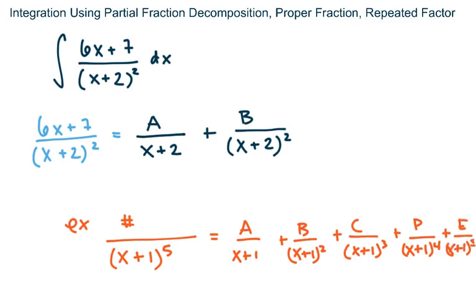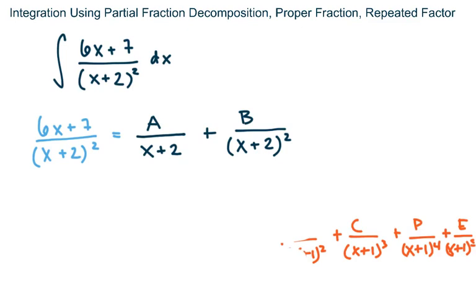We would have to do that 5 times to the 5th. Okay, so if we'd had 5 repeated factors, we would have many more terms listed here. You're not going to really see anything above a square. You might see cubed, but I really doubt it. Okay, so we're not trying to make that problem really large for you.